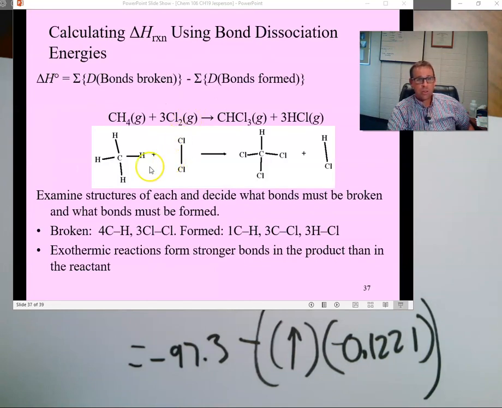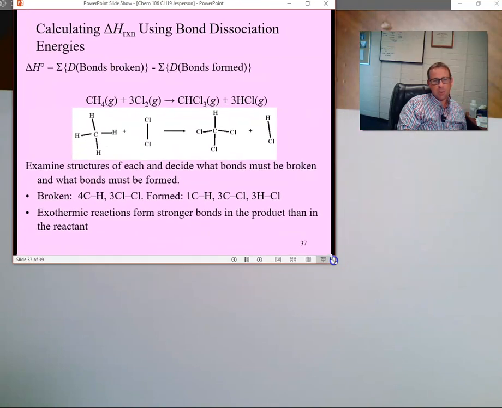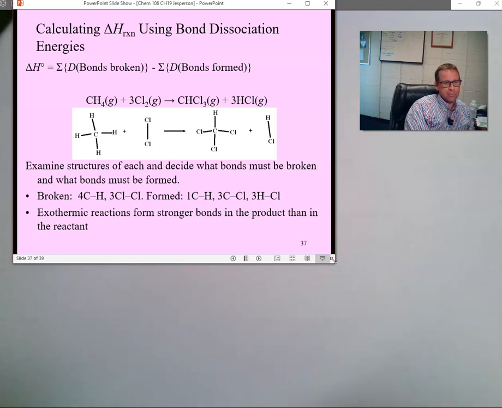We could also just look and see which bonds are broken and which bonds are formed, but sometimes that might be a little more accounting than we might want to do. Just simplify it and talk about all the bonds that exist.